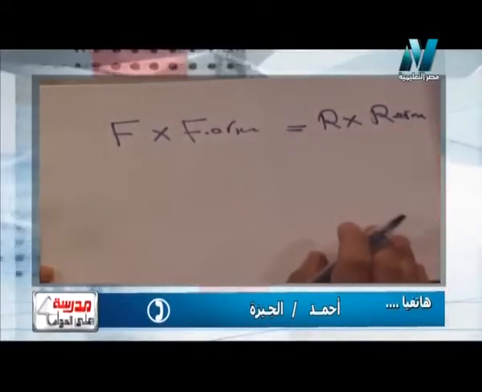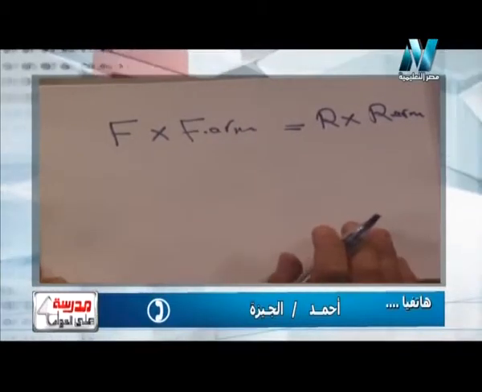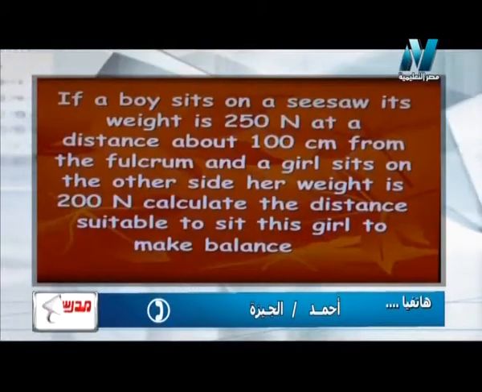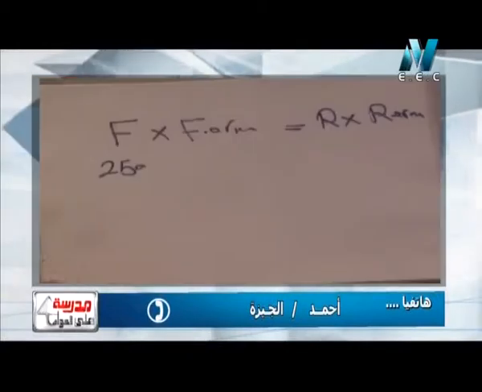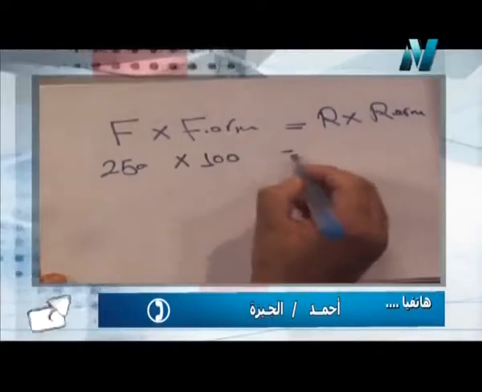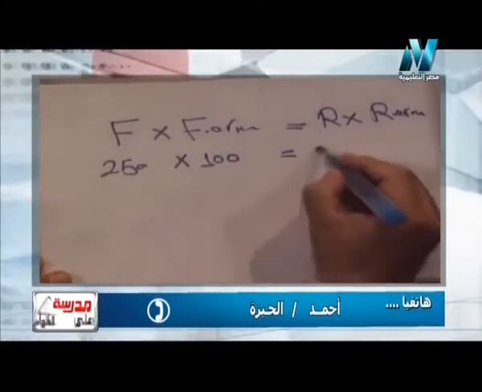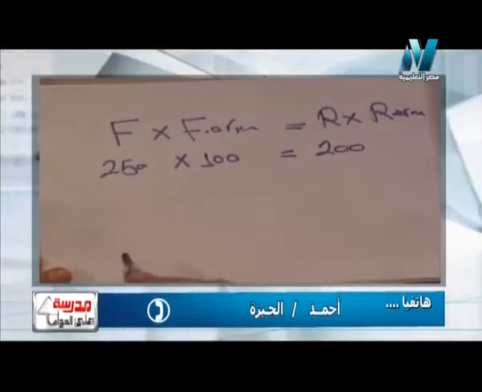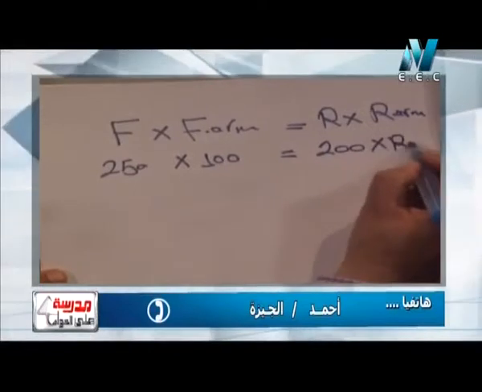Here I will consider the weight of the boy as the effort, 250, times the effort force arm, 100 centimeters, equals the resistance, 200, which is the weight of the girl, times the resistance arm, which is not found.